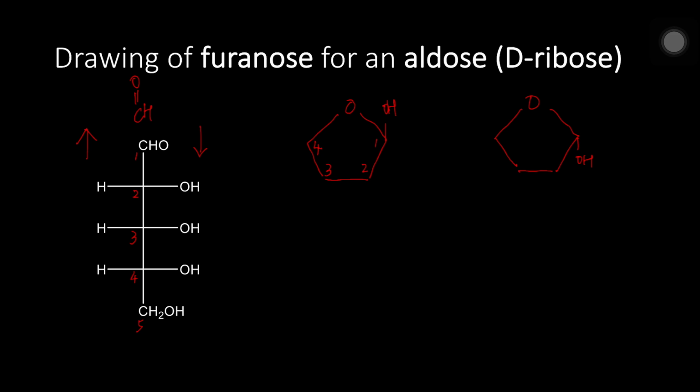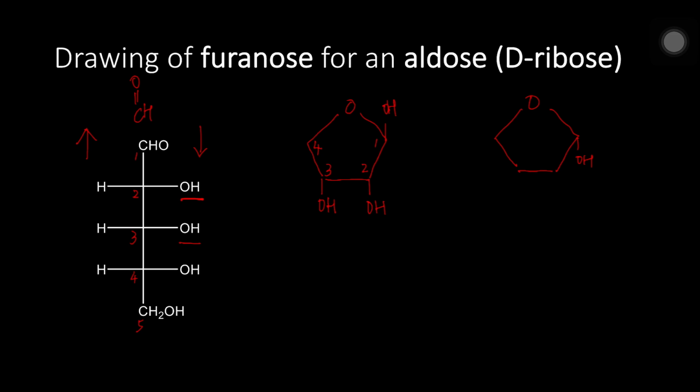Then let's move to carbon number 2. The OH is on the right, so it is down. Carbon number 3, OH also down. Carbon number 2 and number 3, the OH are on the right, so they are facing down.